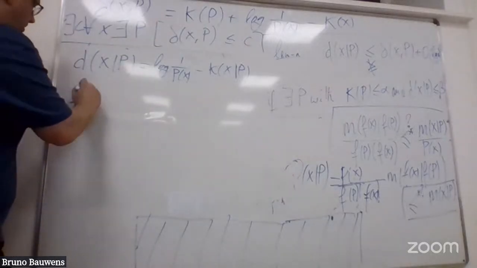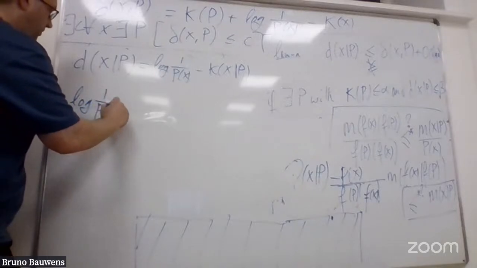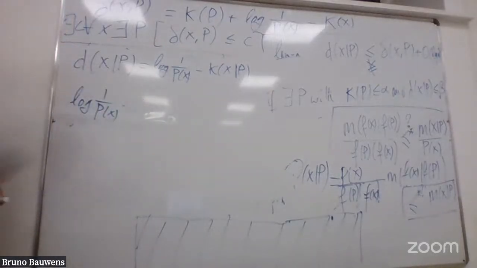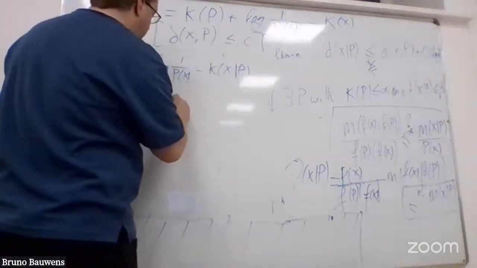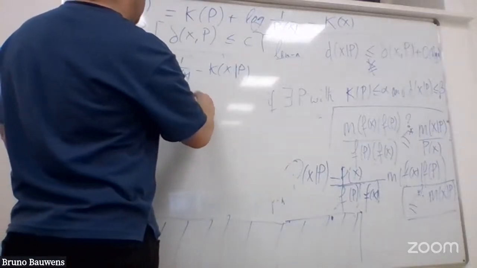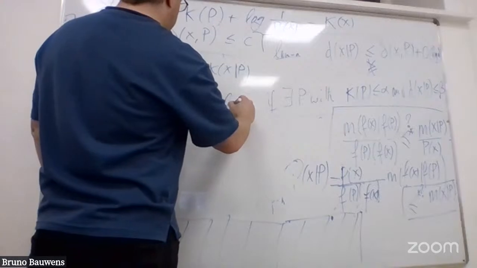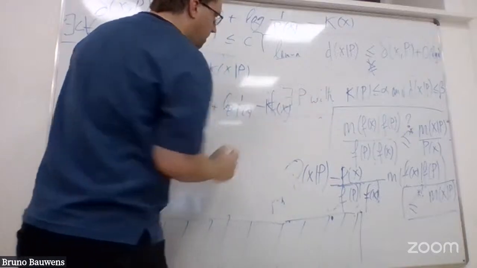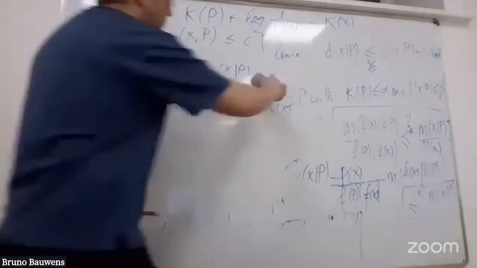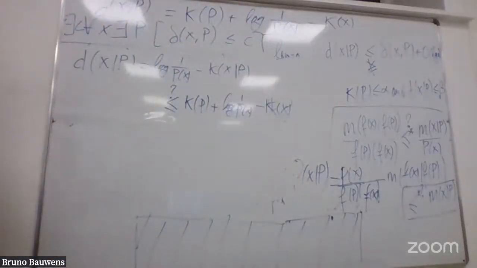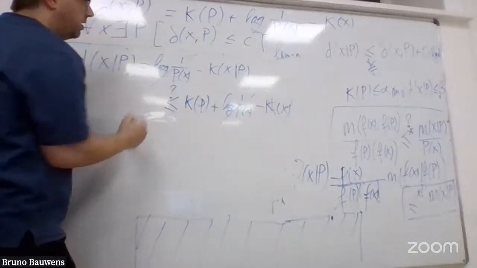We have log 1 over P(x) minus K(x given P), and we want to prove that this is smaller than K(P) plus log 1 over P(x) minus K(x). So we can cancel the common terms.